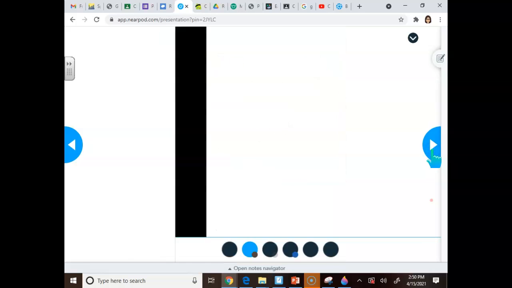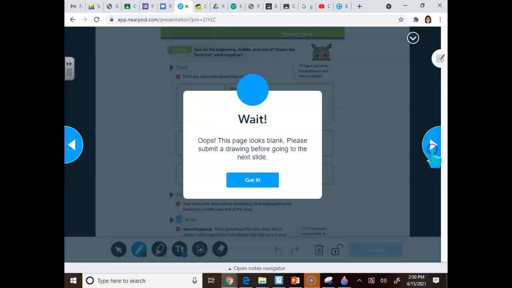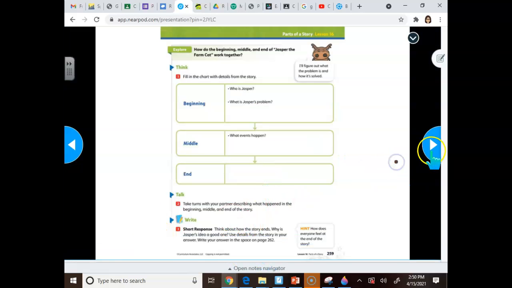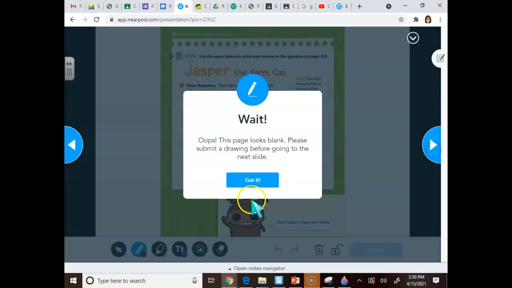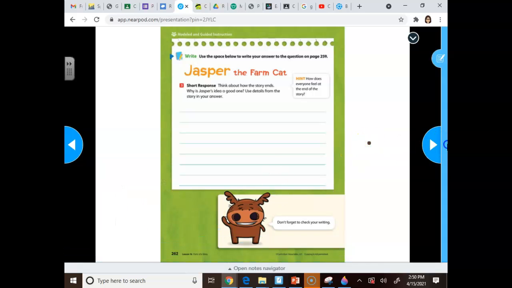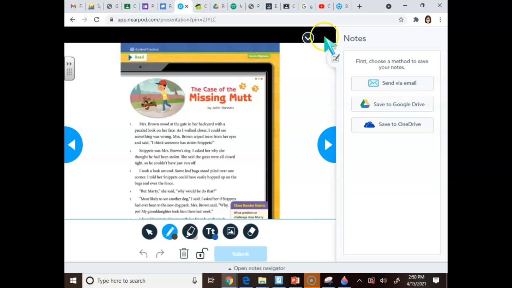All right, now yesterday, we read about the case of the missing mutt.